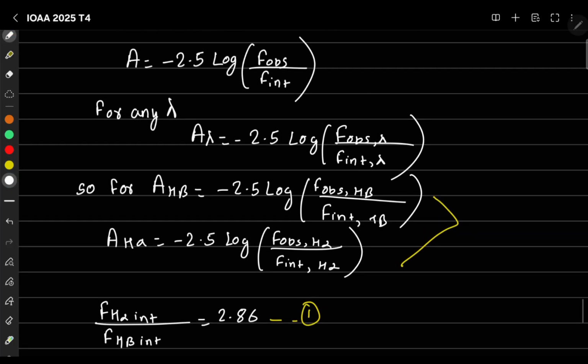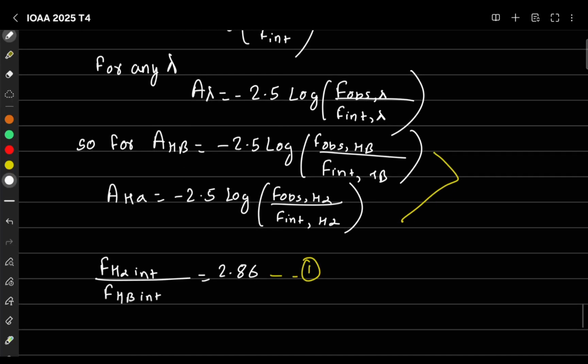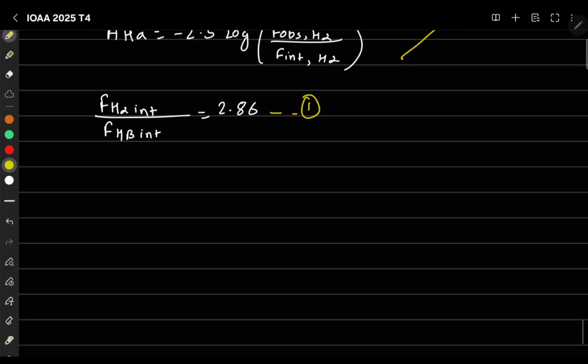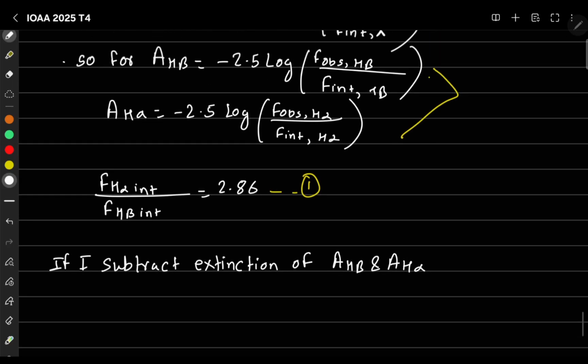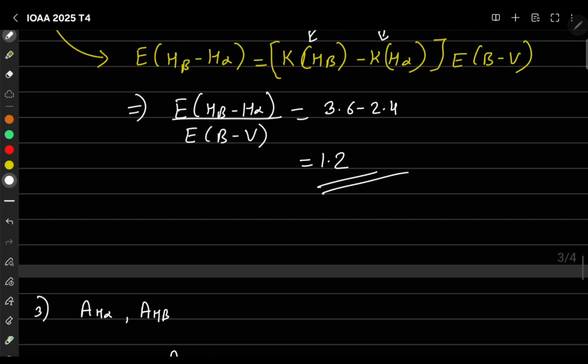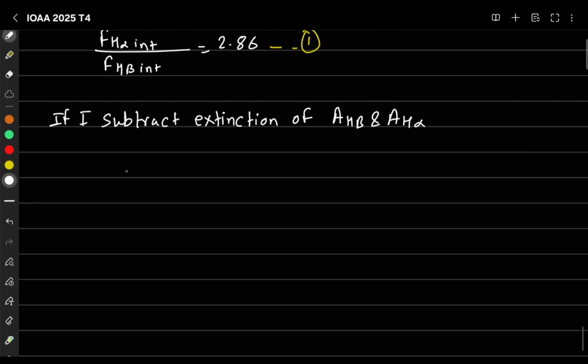We already saw from part 2 of the question: if I subtract these two equations for extinction, A_Hβ and A_Hα, we get the color excess in Hβ and Hα, right? We already saw this relation.